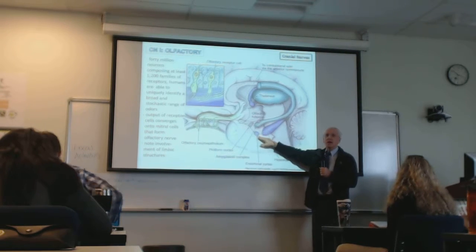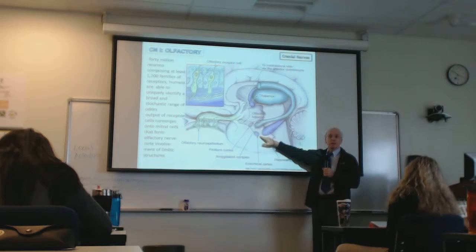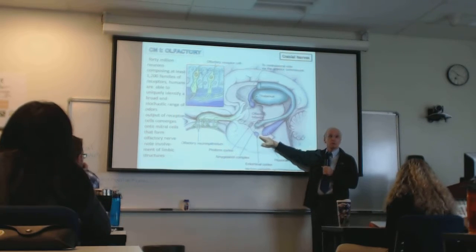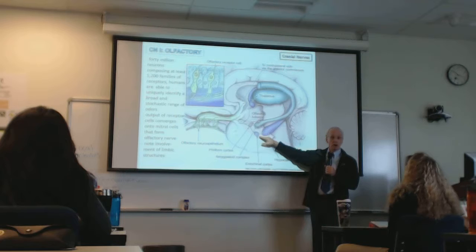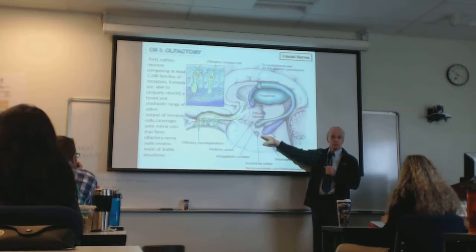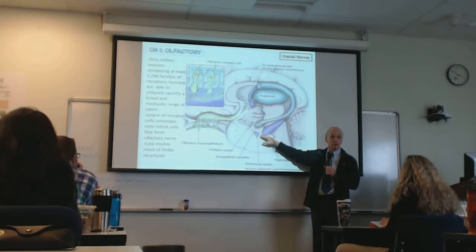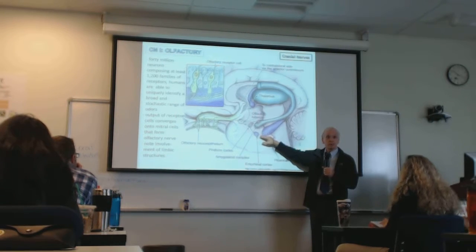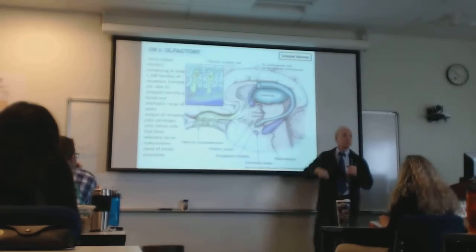In any case, these are the cells that tend to be lost first in Alzheimer's disease, or at least among the first cells to be lost. And remember, we also talked about the fact that a common premonitory symptom of dementia is loss of smell. So it all sort of fits together.